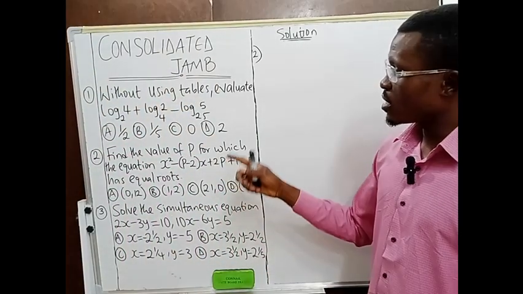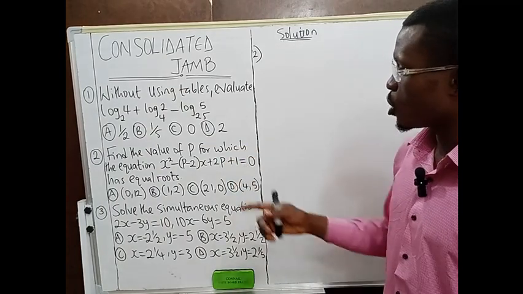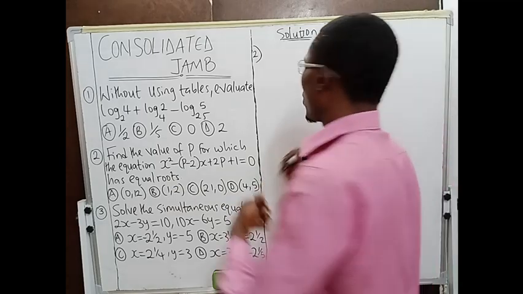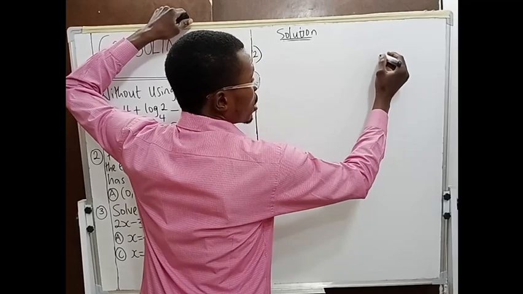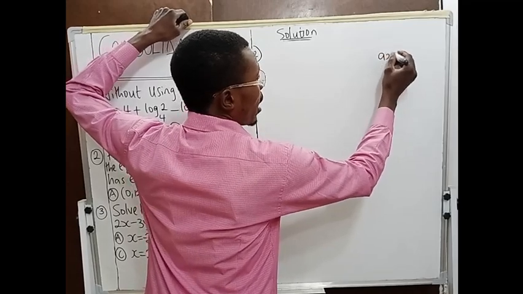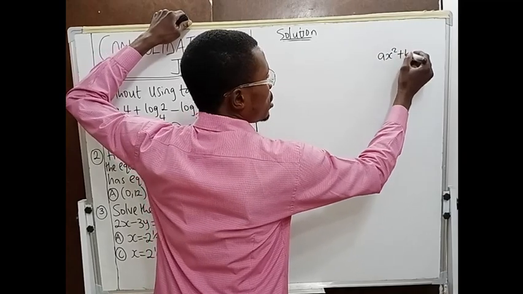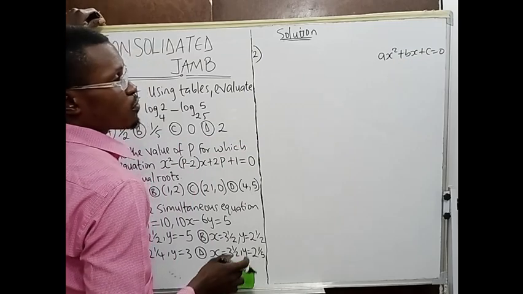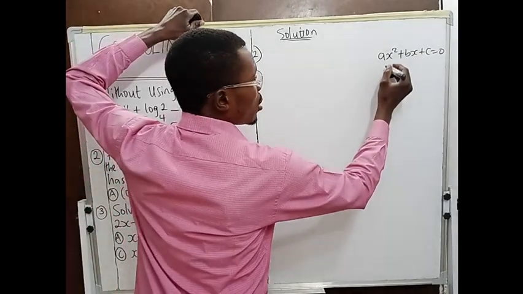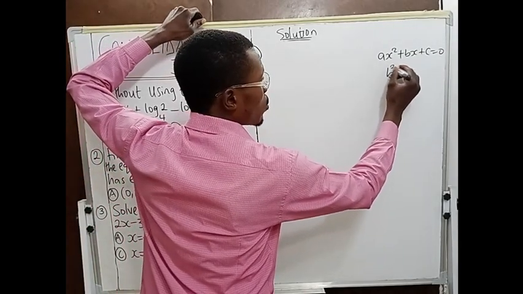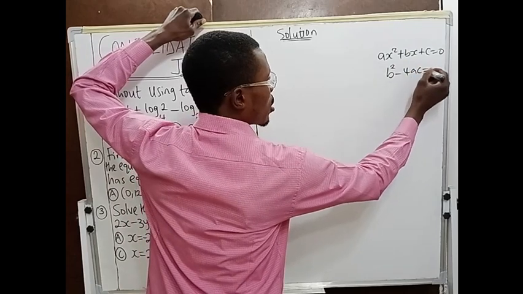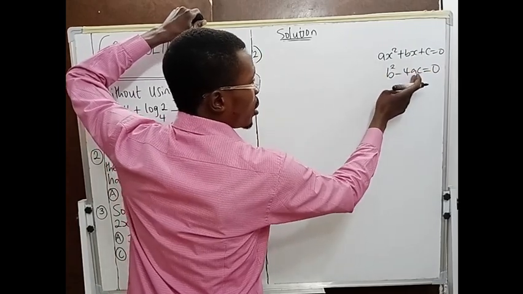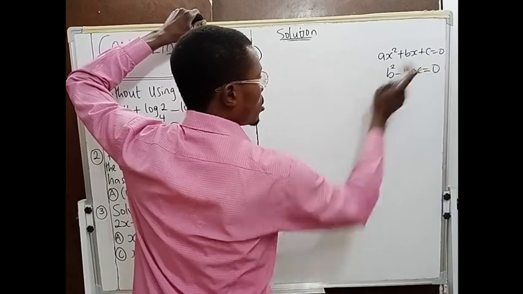Number 2 says find the value of p for which the equation equals 0 has equal roots. Now, recall that given a quadratic equation ax squared plus bx plus c equals 0, the roots of this quadratic equation will be equal if the discriminant b squared minus 4ac equals 0. b is the coefficient of x, a is the coefficient of x squared, c is the constant.